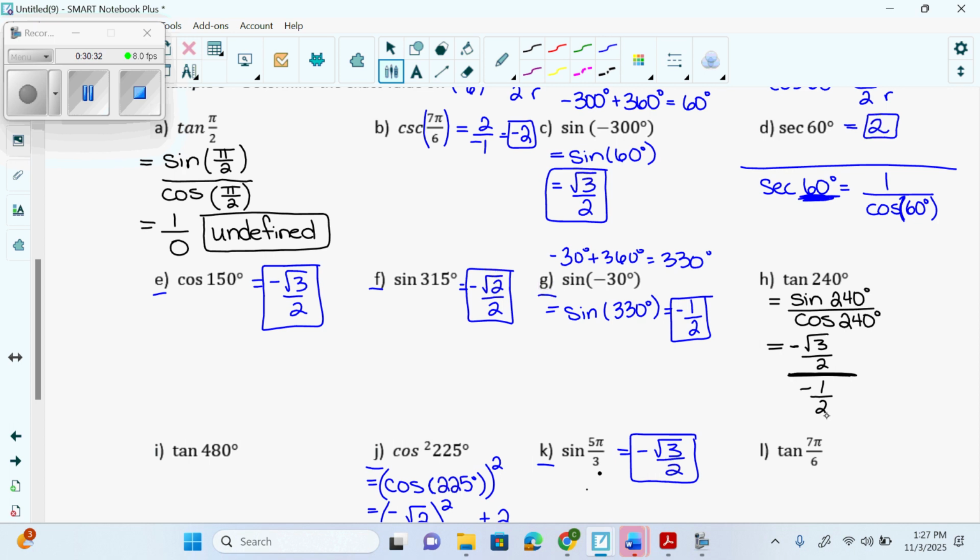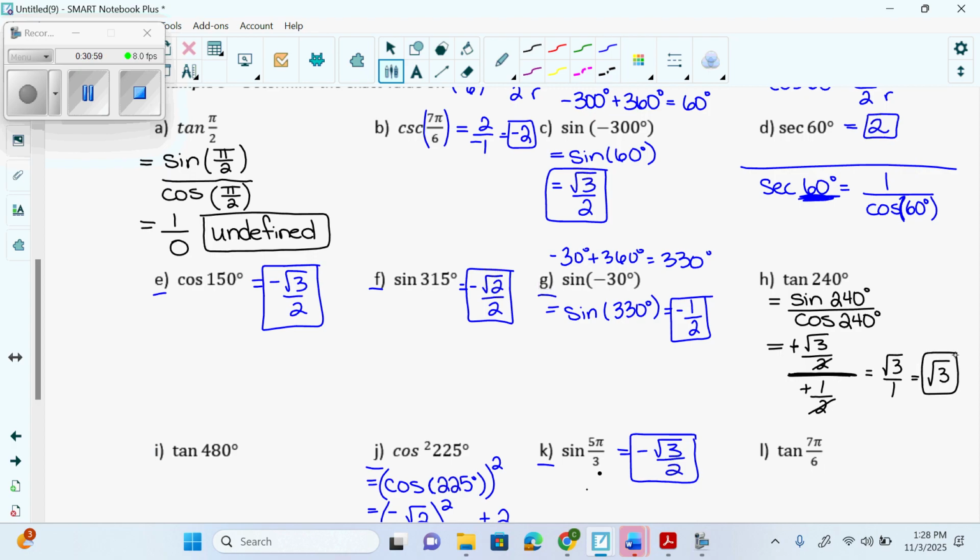Negatives. There's negatives, so they can become positives. But root 3 and 1, there's nothing I can cancel, right? This denominator has a 2, this denominator has a 2. So what can I do with them? The denominators become 1s. So do I care about them anymore? Nope. So my answer is going to be root 3 over 1, which is just root 3.